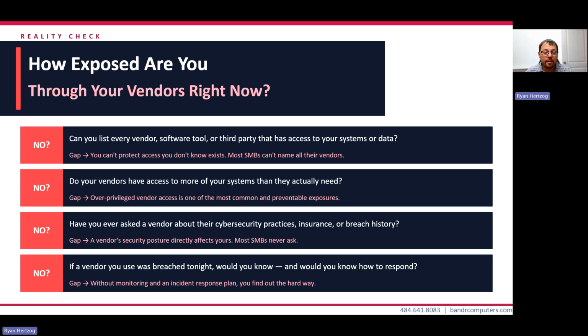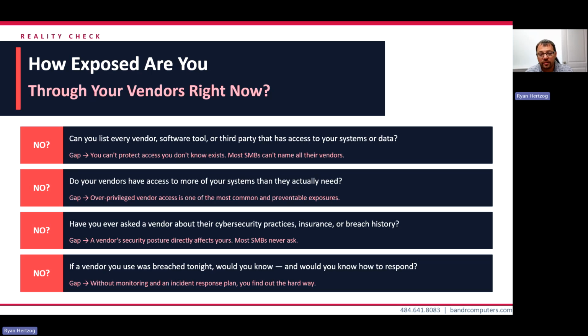Have you ever asked a vendor about their cybersecurity practices, insurance, or breach history? This helps you get to know how seriously they take security, whether they've had incidents in the past, and whether they have cyber insurance. Because if they don't have cyber insurance and they suffer a breach that affects you, you may be limited in how much you're going to be able to recover financially.